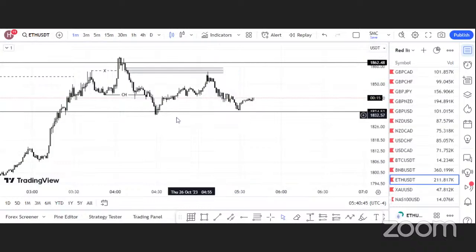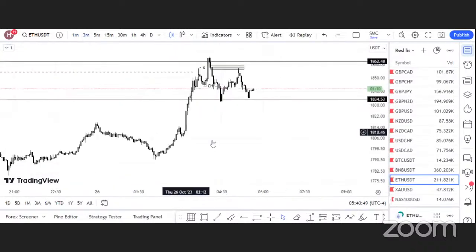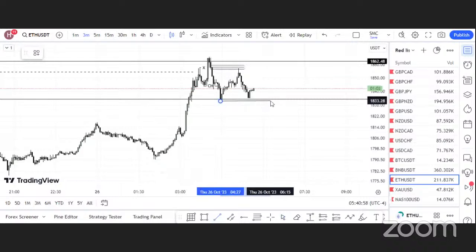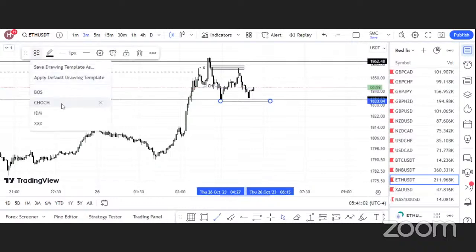So to get another opportunity here now, what I want to see is a break of structure to the downside. I want to see this low get taken out. So that is how I get to confirm that yes, this is a valid change of character to the downside.